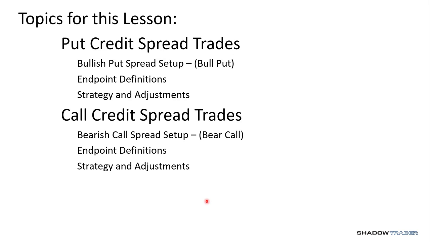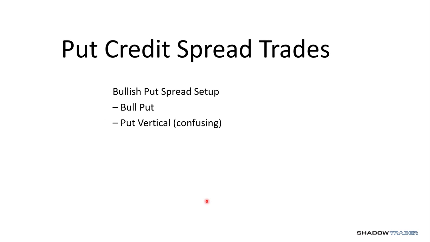We'll talk about the endpoints, strategies, and adjustments. Then we'll flip over to the call side, the call credit spreads. These are bearish type of trades, sometimes referred to as a bear call. Once again, endpoints, strategies, and adjustment possibilities.